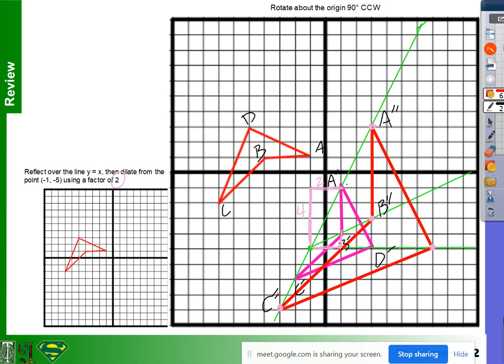C double prime. How about this last point right here? This is D double prime. So now, congratulations, pat yourself on the back. Not only did you graph the line y equals x, but you also reflected a figure over the line y equals x, and then you dilated it using a factor of 2 from the point -1 comma -5.